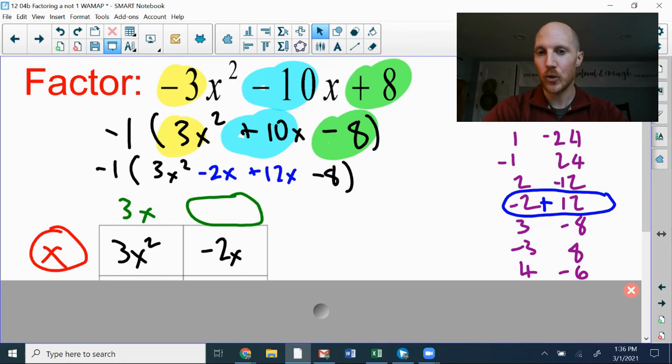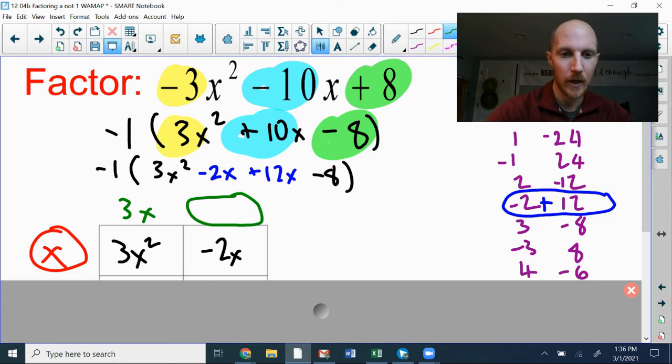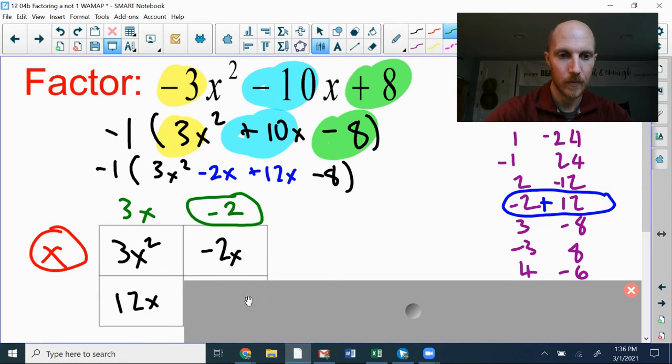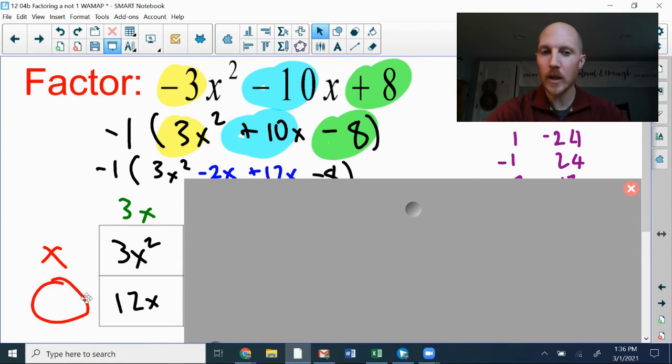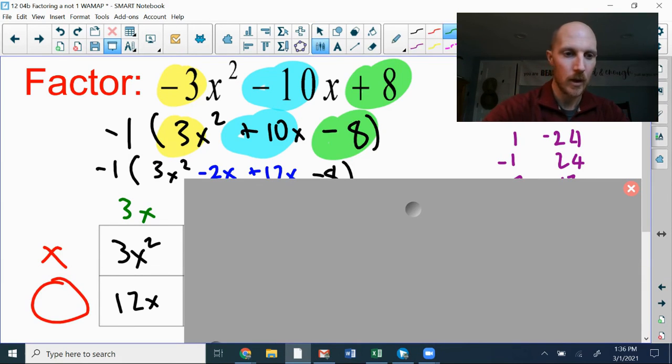That red circled x multiplied by what equals negative 2x? And I'm going to need a negative 2. All right. Move that red circle down here. So the green 3x multiplied by that red mystery number needs to multiply together to equal 12x. And so this one I need to multiply by 4.